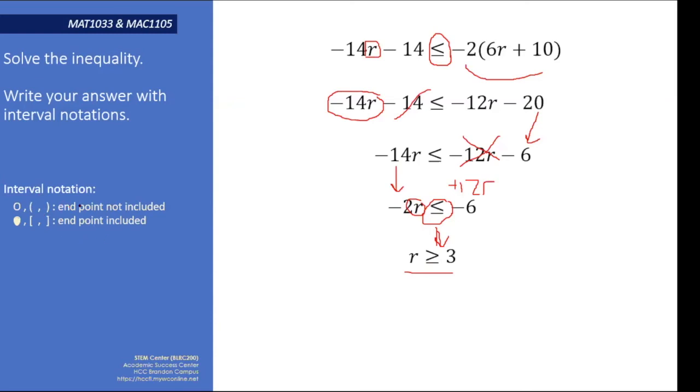The catch is, for the points that mark our boundaries, we have to indicate whether those points are included as a solution or they're not. So if the endpoints aren't included, then on your number line, you will mark them with an empty circle. If they are included, you mark them with a filled-in circle, and you can imagine why.